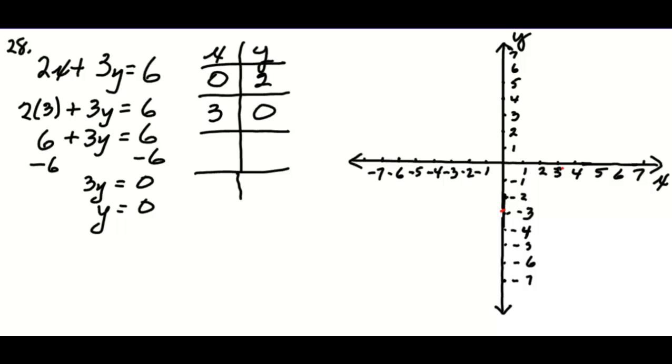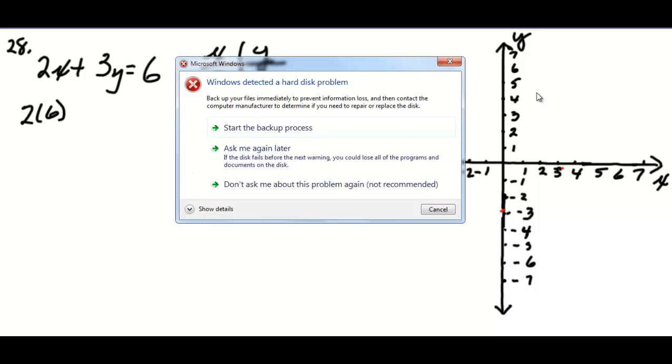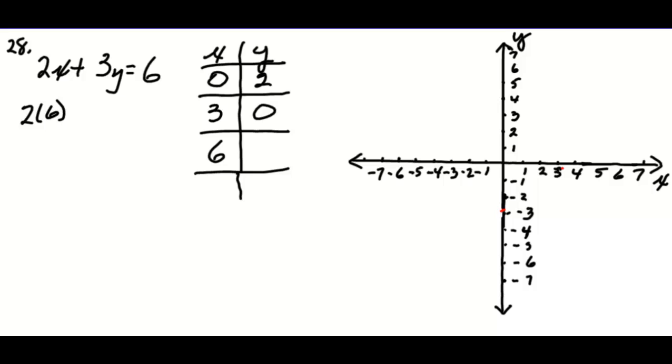All right, let's take a look at another multiple of 3 and see what happens here. What if we pick 6? Okay, 2 times 6 plus 3y equals 6. That's 12 plus 3y equals 6.